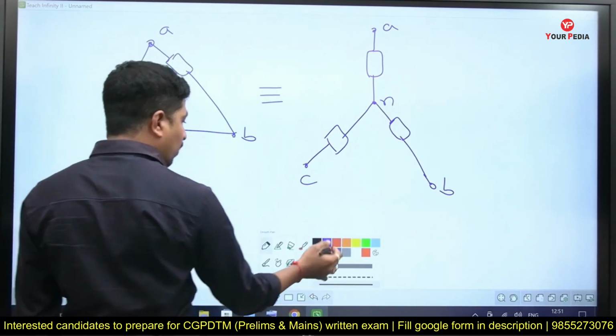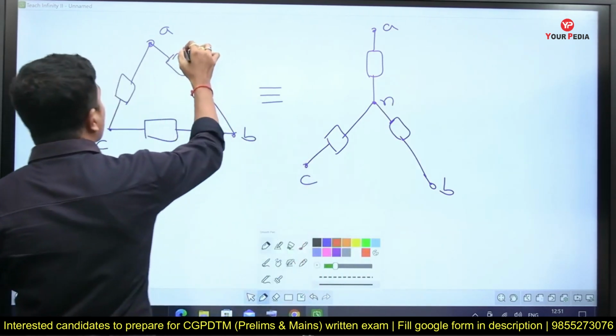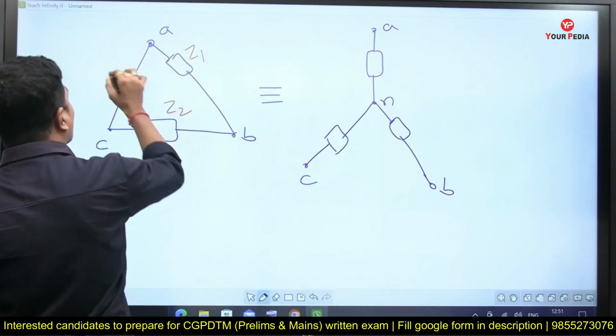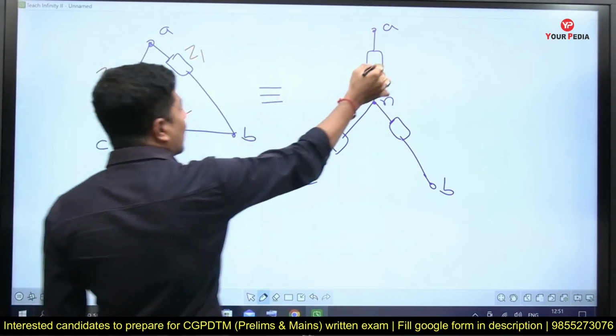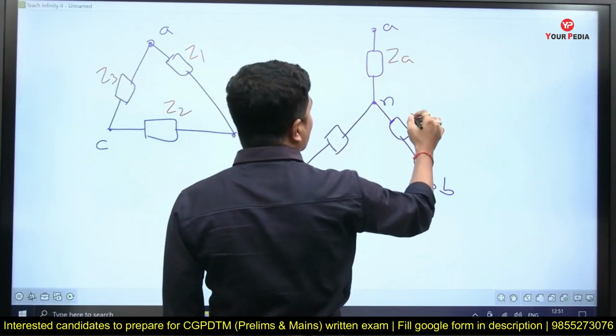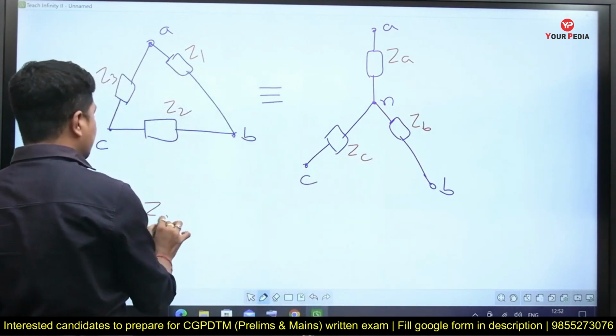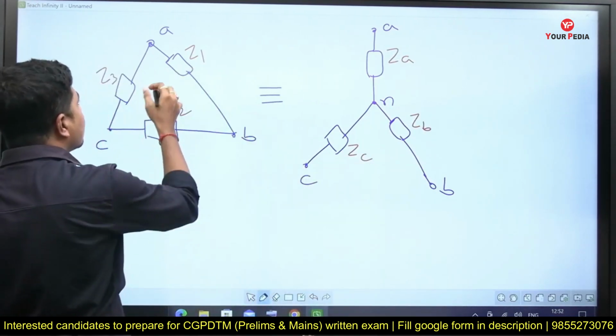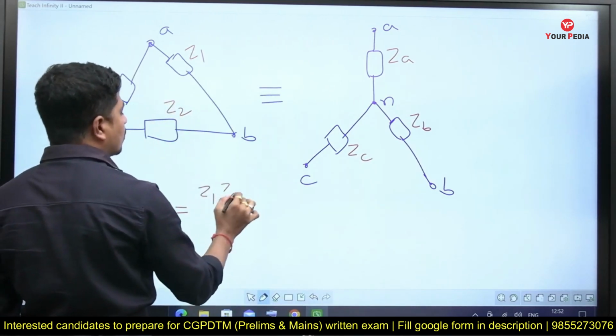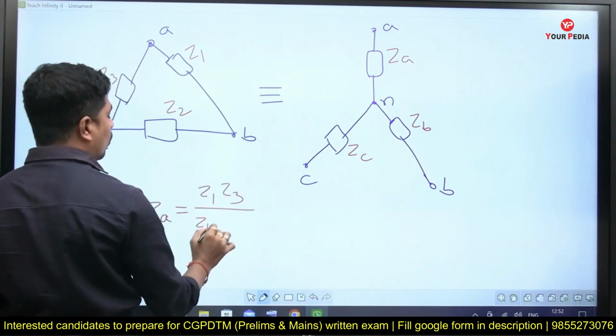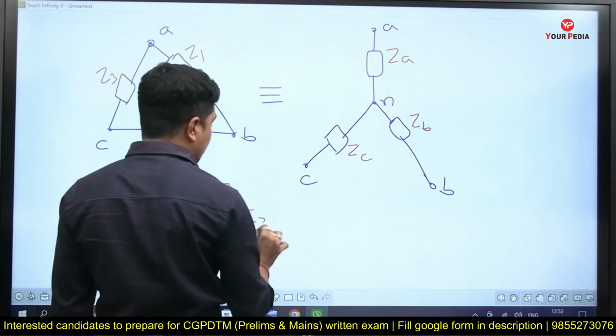Now let me write the formula. If this is Z1, this is Z2, this is Z3, then I'll call this one ZA, this one ZB, this one ZC. Now ZA is equal to Z1 Z3 by Z1 plus Z2 plus Z3.